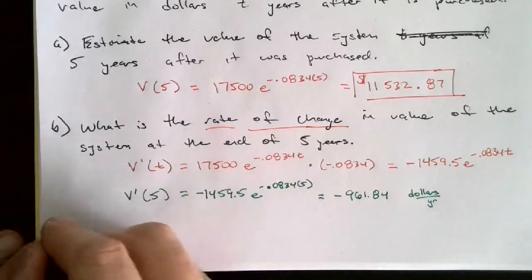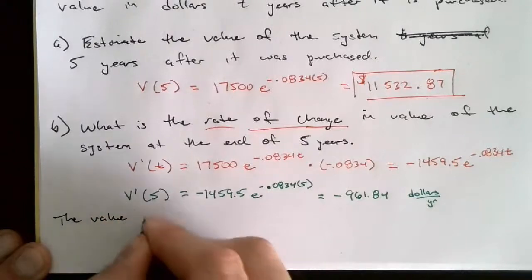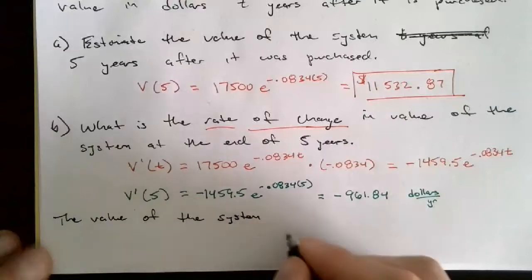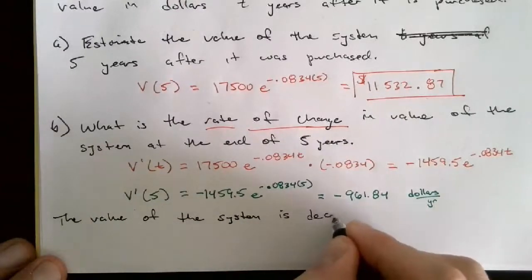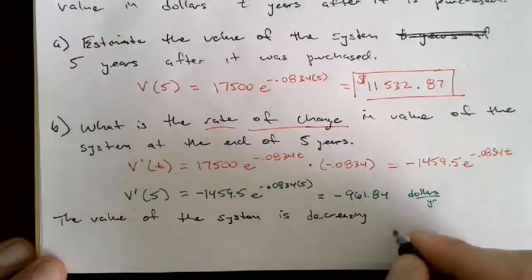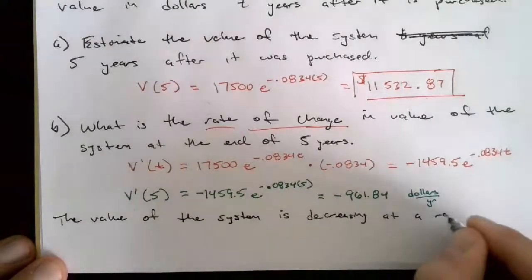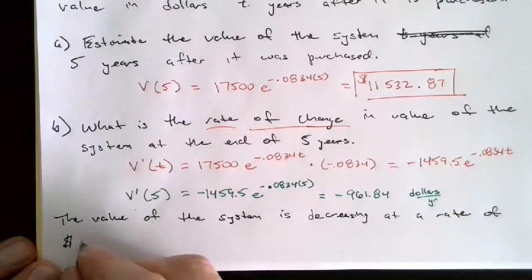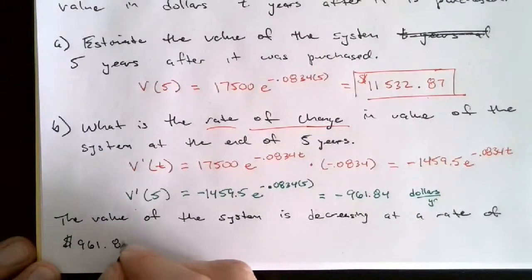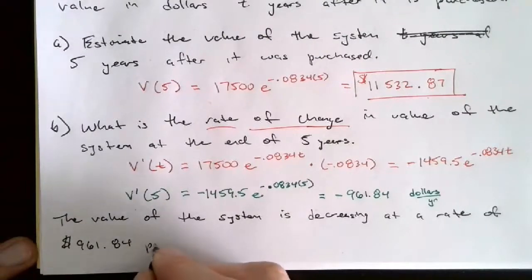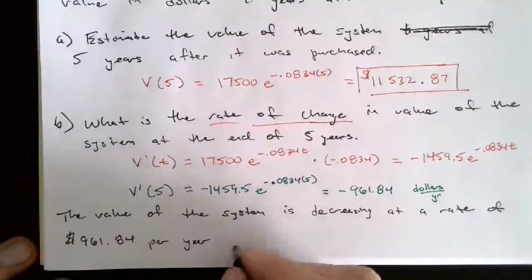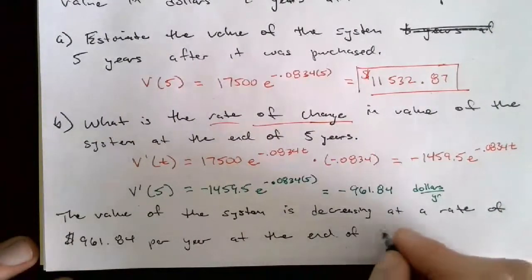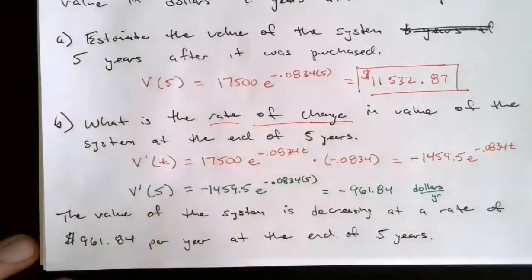So the value of the system is decreasing at a rate of $961.84 per year at the end of 5 years.